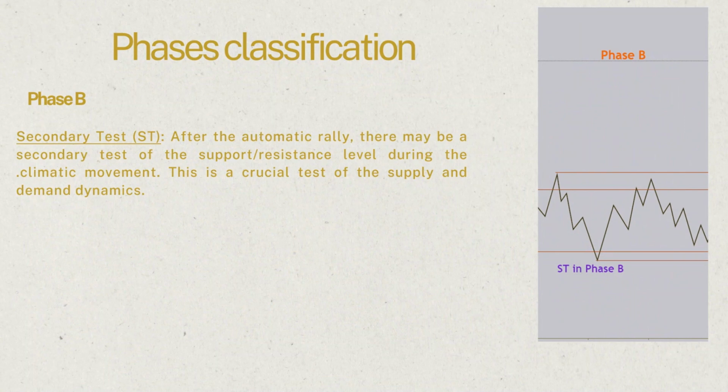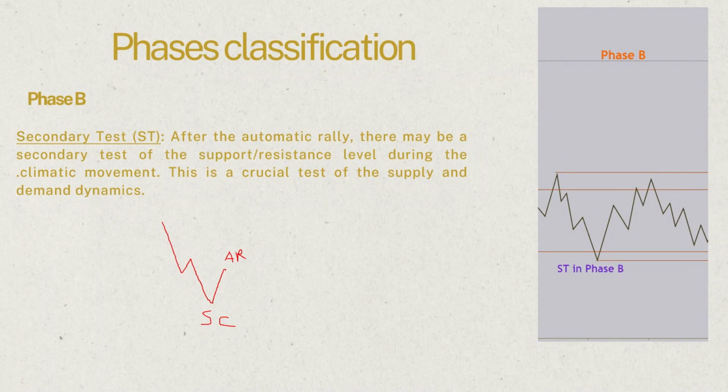The second phase is characterized by secondary tests. This phase is not one, it could be two. Like I explained, you have your preliminary support, and then you have your selling climax, SC, and then the market reverses to the upside, giving us automatic rally, AR, which is characterized by an increase in buying interest.